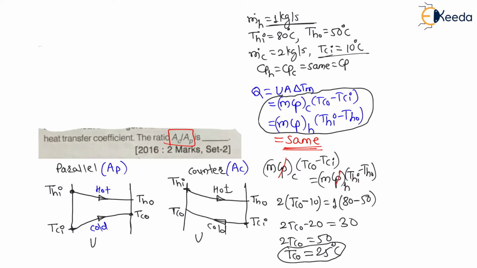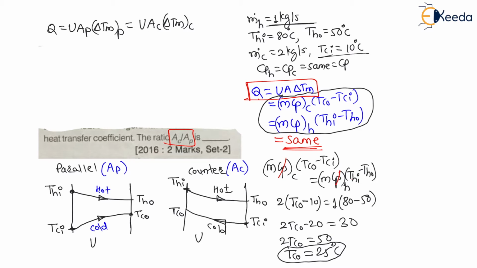So let us use this first equation. Now we know that the heat transfer rate for parallel as well as counter is the same. Therefore this heat transfer will be equal to U area of parallel into delta Tm of parallel, which is equal to U area of counter into delta Tm of counter, right?